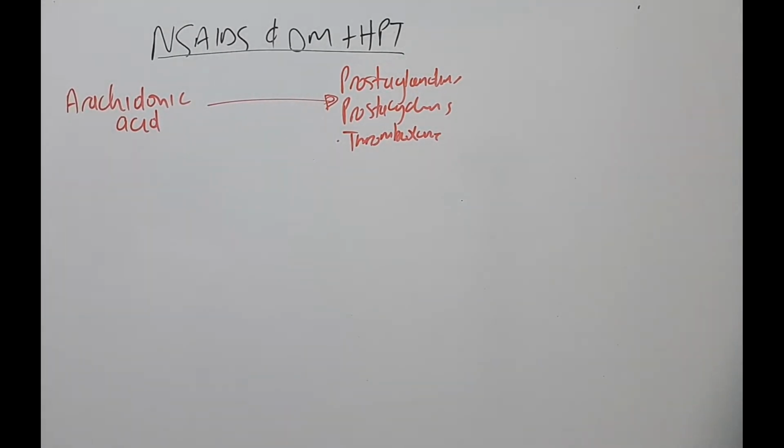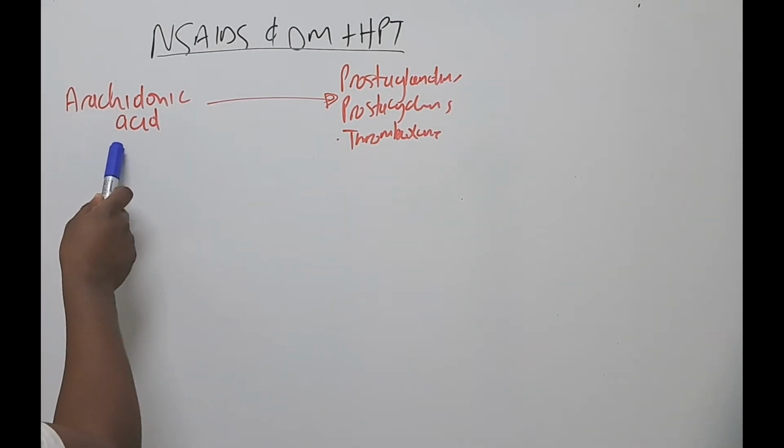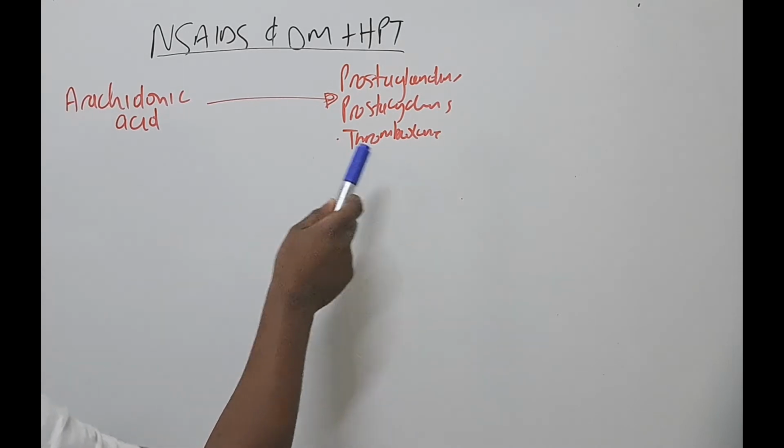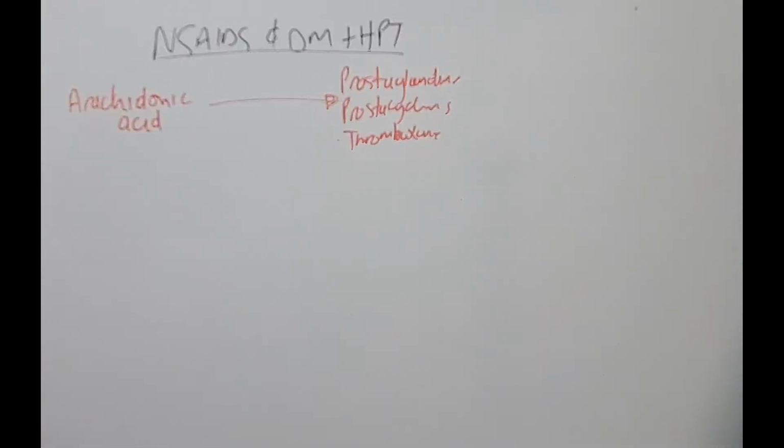When we are injured, when cells have been injured, for us to heal we need inflammation. Inflammation is very crucial for healing. So once we are injured, we convert arachidonic acid to these guys so that they can initiate the inflammation. How do they do that?